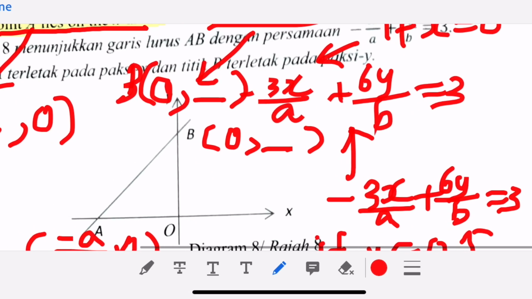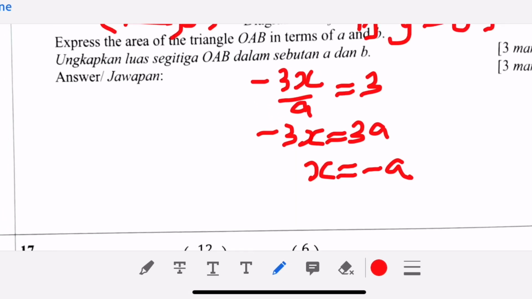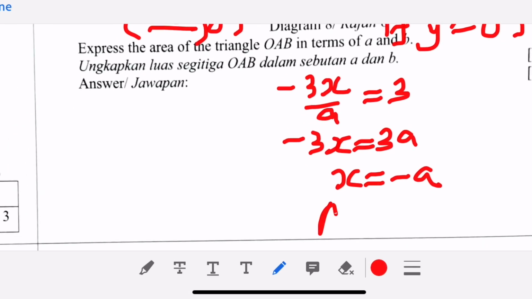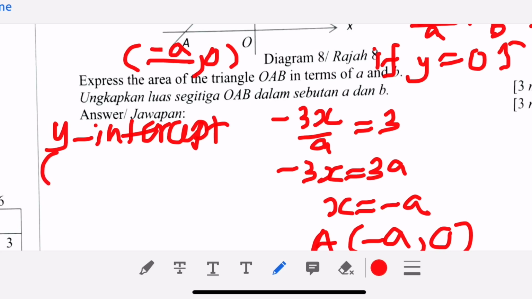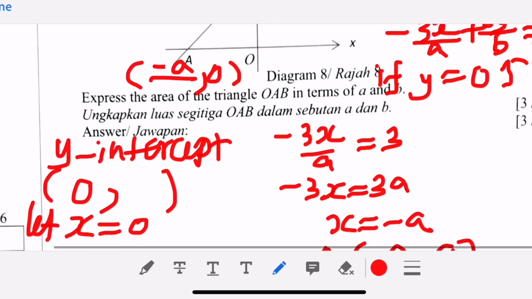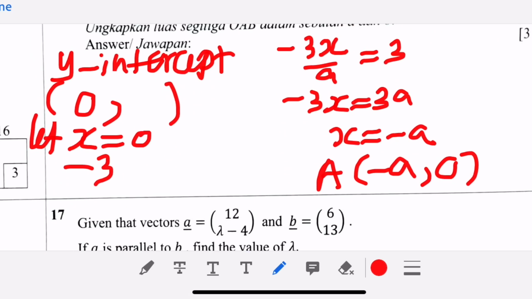So we will get 6y. Okay, let me find a space to write the working to find the y-intercept. Let's see how to find the y-intercept right now. The y-intercept can be found if you substitute x equal to 0, because the y-intercept always has the x coordinate 0.